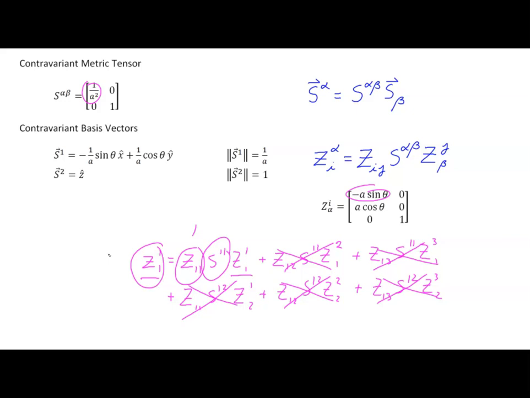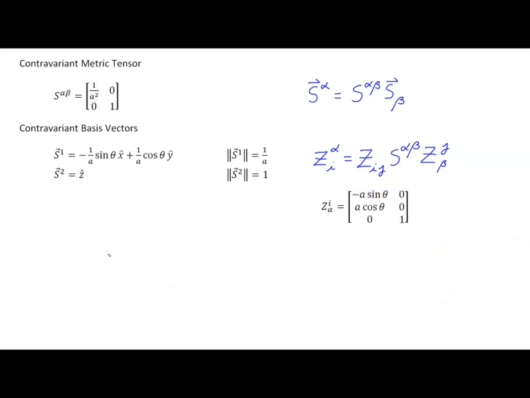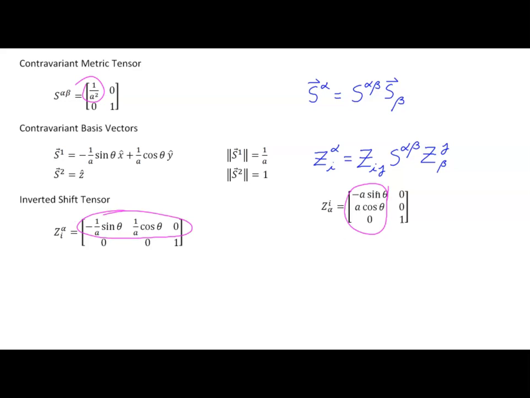Okay, and likewise, if we went through the same analysis, we'd find out that the second element here times this one gives us the second element of the first row of our inverse. In other words, here's the result. You'll find that we take each of the elements in this column, multiply by this element in our contravariant metric tensor, and that'll give us the elements of this row and you can see how that works.